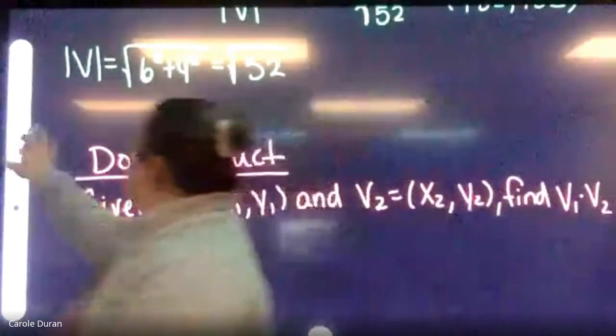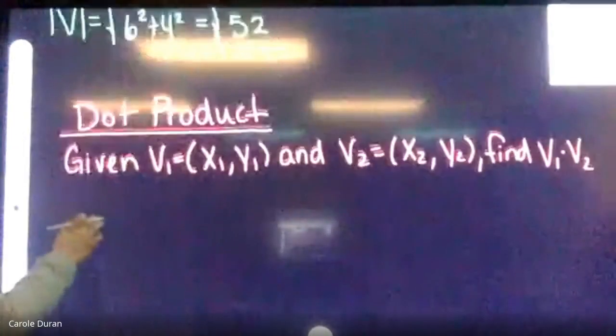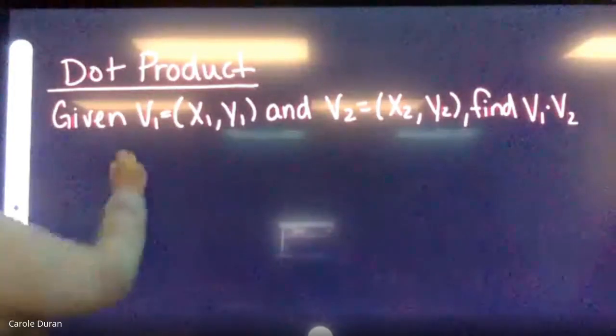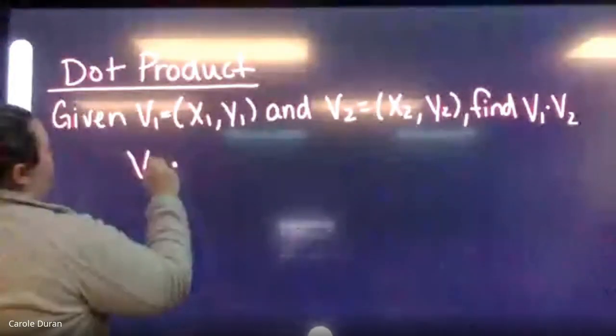Your dot product is written out as our first vector, a closed dot, then our second vector. Multiplication of vectors is different from the dot product of vectors, so you need to be very careful. Anytime you see a closed dot between two vectors, that indicates dot product, not normal multiplication.